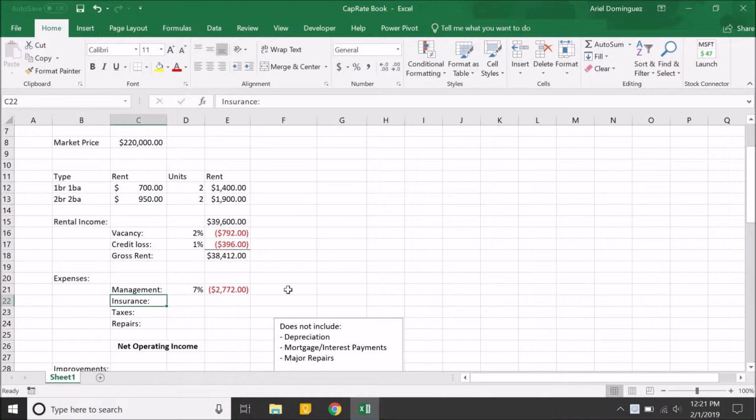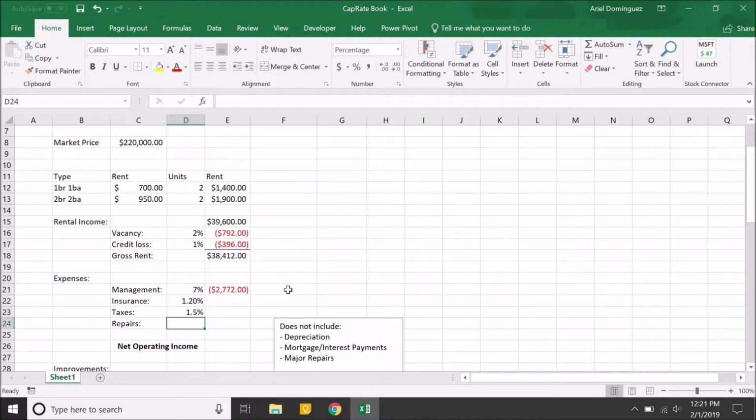For insurance on the property, property taxes, and the monthly repairs and maintenance, we typically use a percentage of the market price. So for the insurance, it's usually about 1 to 2% of the market price. Let's give it 1.2. Same for the property taxes, let's give it 1.5%.